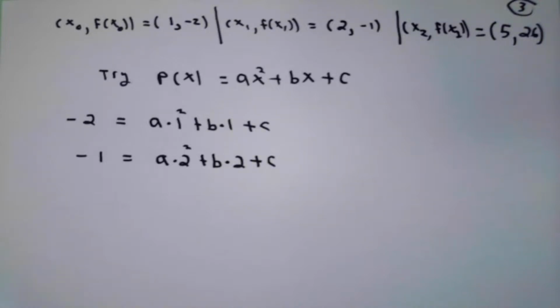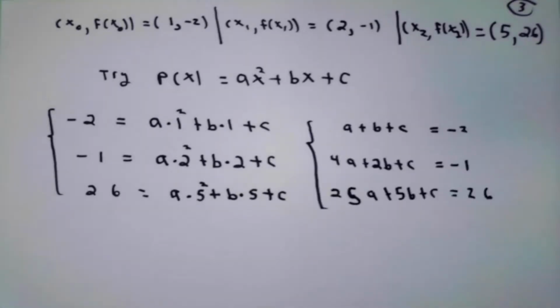And likewise, 26 needs to be what I get when I let x equal 5. 26 needs to be a times 5 squared plus b times 5 plus c. We will rearrange these so that they look a little bit nicer. a plus b plus c needs to be -2. 4a plus 2b plus c needs to be -1, and 25a plus 5b plus c needs to be 26.